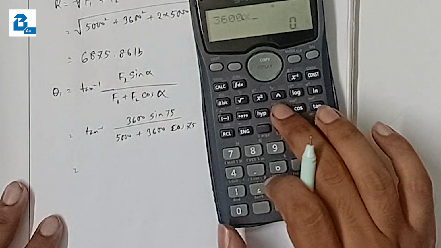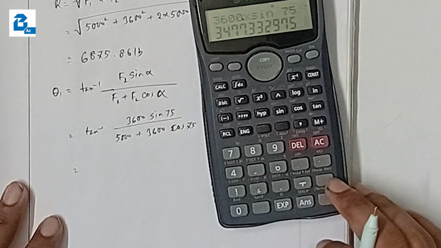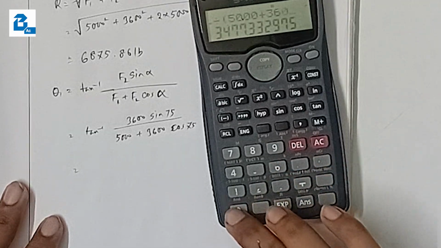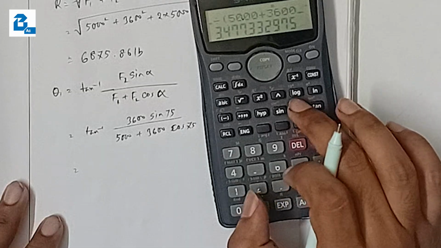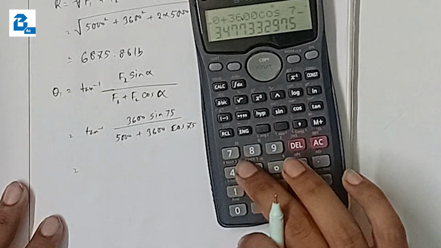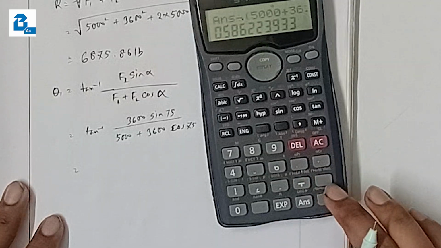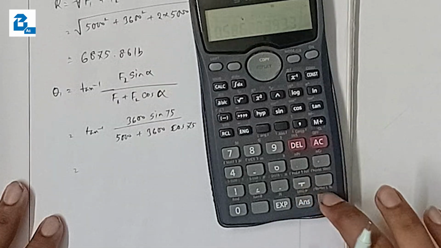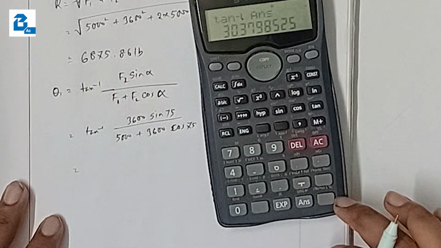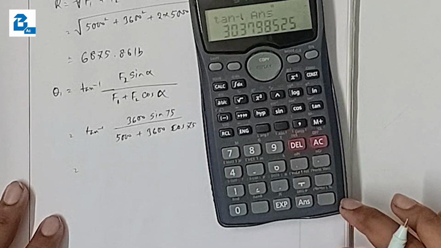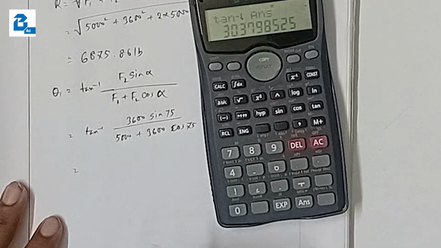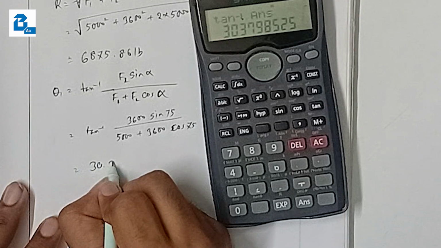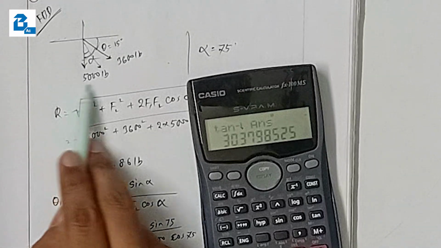Then we will get 3600 into sine 75 divided by 5000 plus 3600 into cos 75, and then we will put the answer with the tan inverse. Then we will get the angle here, that would be 30.38 degree from the vertical axis.